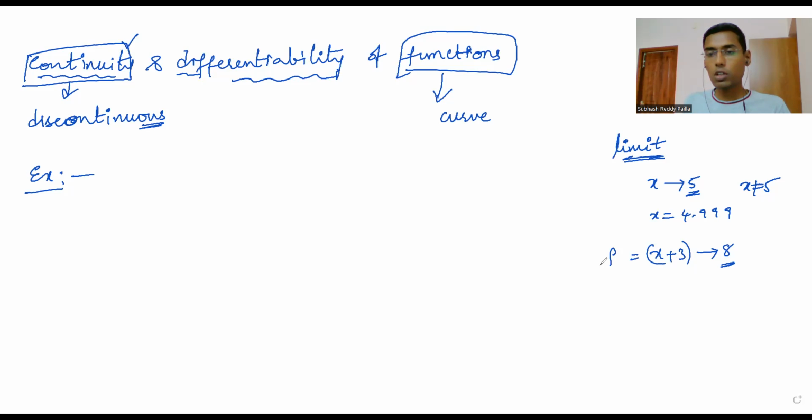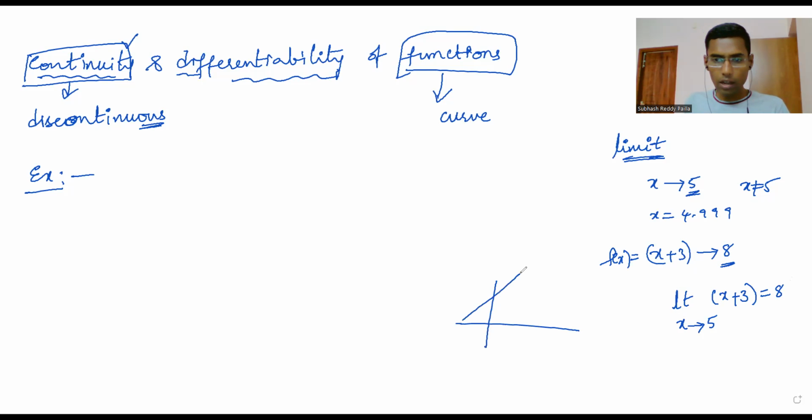So it is a function. Then what we say, 8 is the limit. That's the reason we write limit x tends to 5, as x is tending to 5, x plus 3 tends to 8, or its limit is 8. As simple as that. Similarly here also, that's the reason I drew a graph the other day.